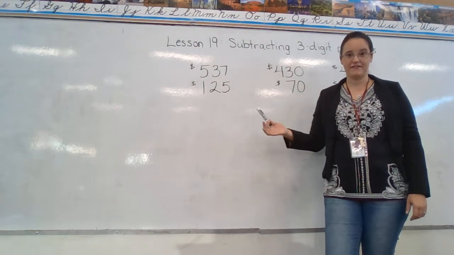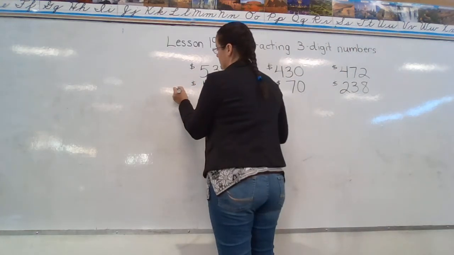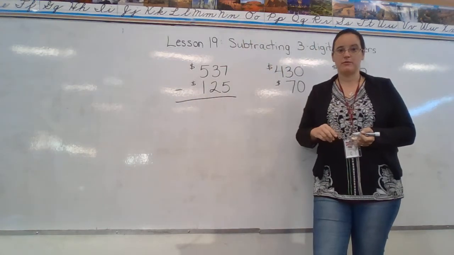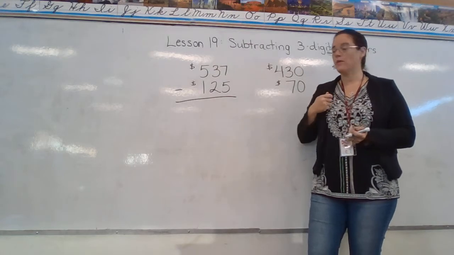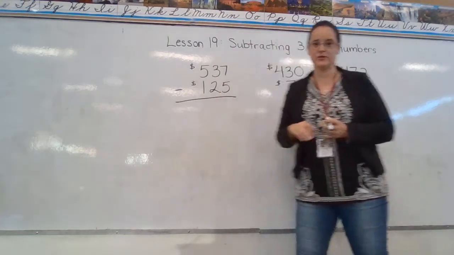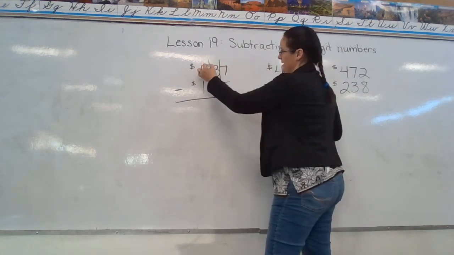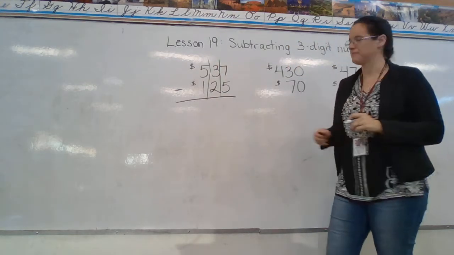That word left is a key that we need to subtract here. We're taking away $125. The other key word in that problem is that Cindy had to pay, so that's take away, all right? So we're going to subtract, and just like we've done with addition, we might want to split up our ones, tens, and hundreds place value here.